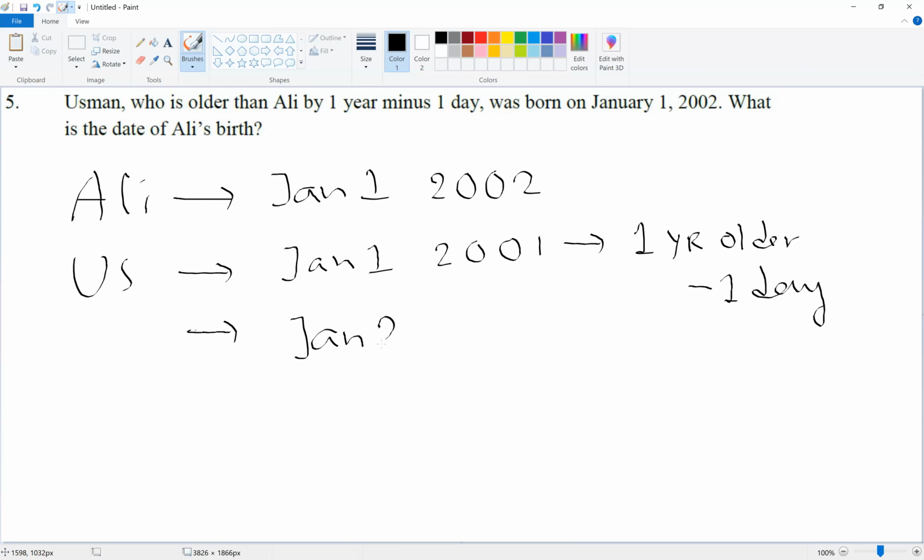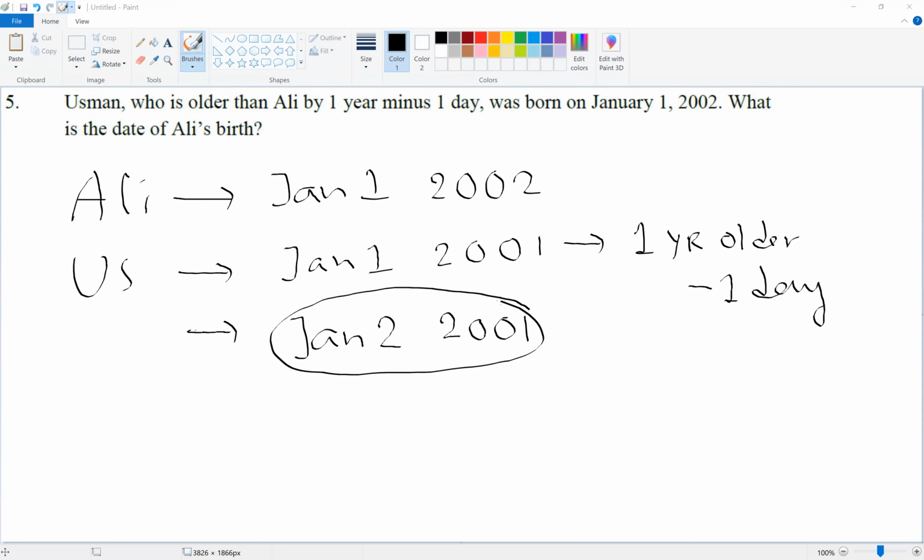Yeah. So shouldn't this be January 2001? Doesn't it do 2001? Oh. Do you understand or no? Yeah, I understand this one. If you go back by 1 day, then he'll be older by 1 year 1 day.